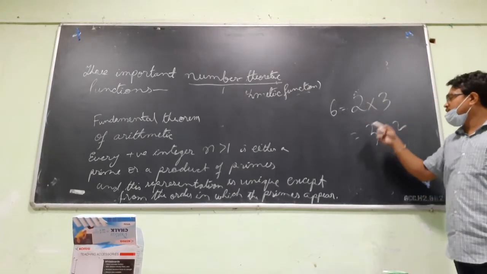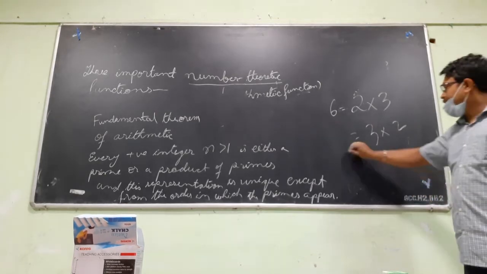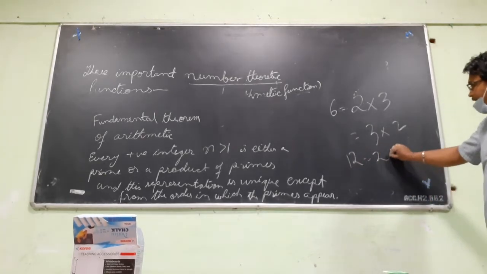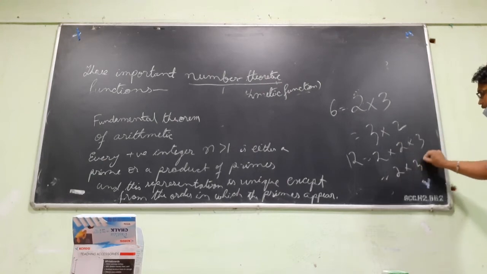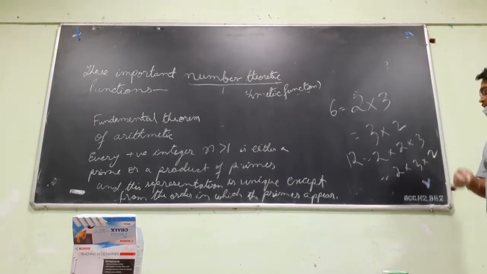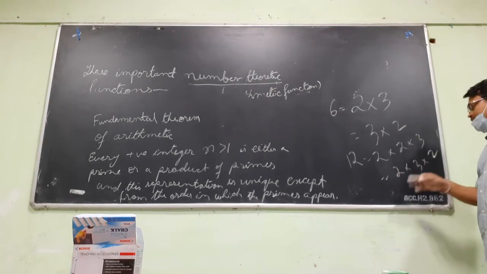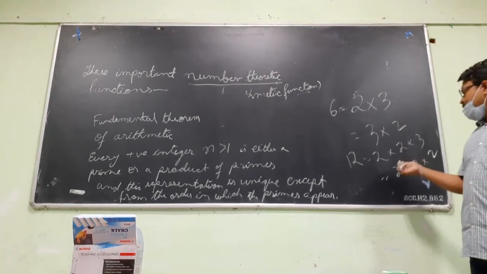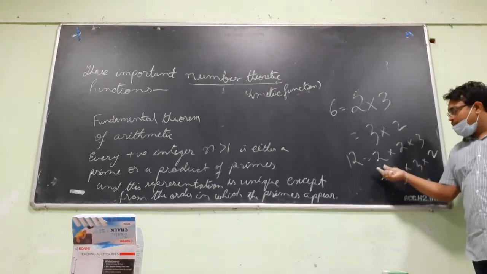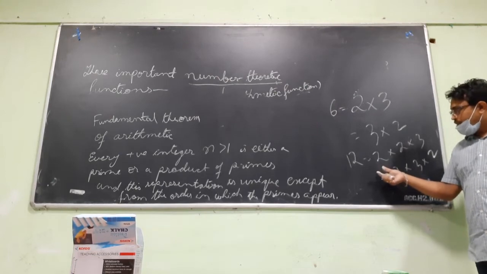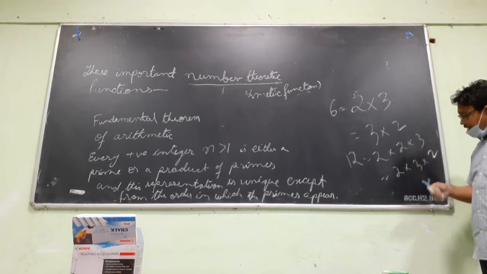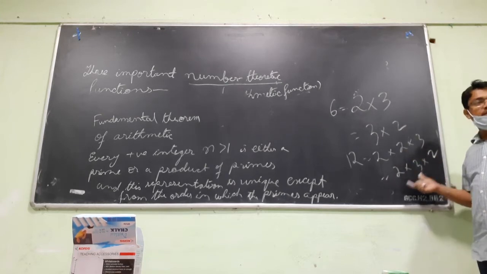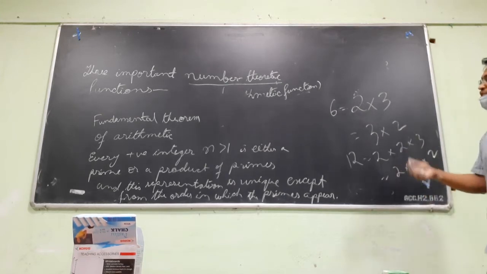Or say 12: somebody may write it as 2 into 2 into 3, somebody as 2 into 3 into 2. That is not a problem. It is a product of primes with exactly the same number of primes. If a particular prime appears 3 times in one representation, in another representation it should also appear exactly 3 times. The order will change.